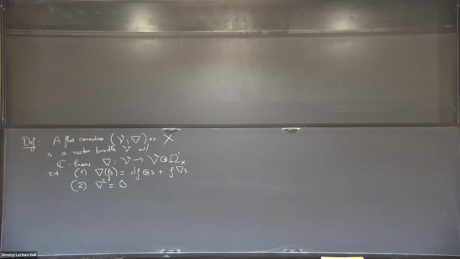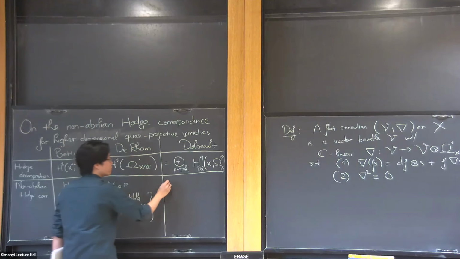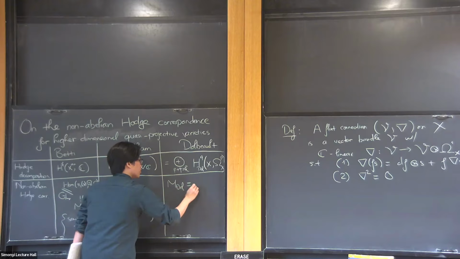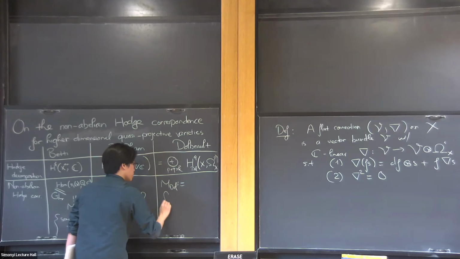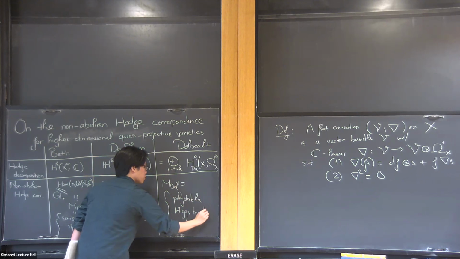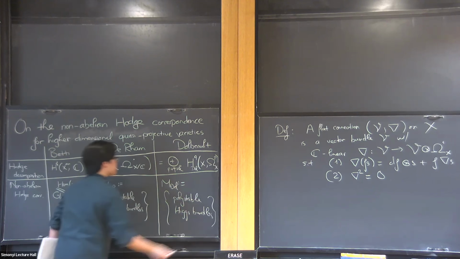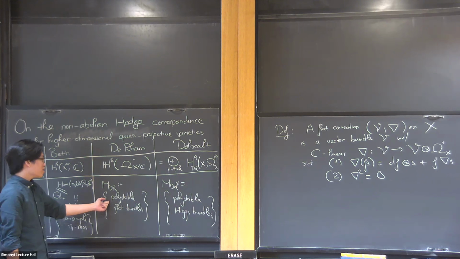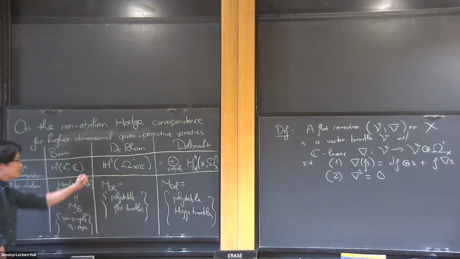And on this Dolbeault side, we have the moduli of polystable Higgs bundles. Let me just mention that the polystable condition on the de Rham side is very easy.